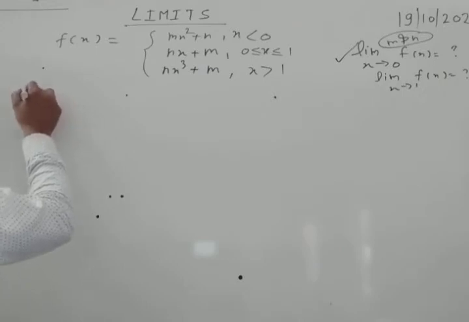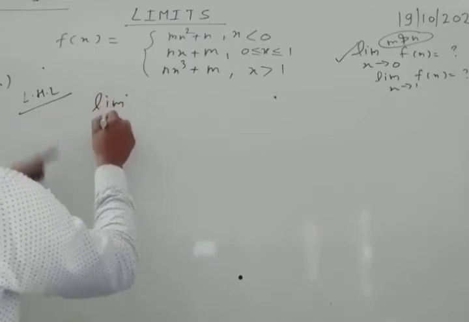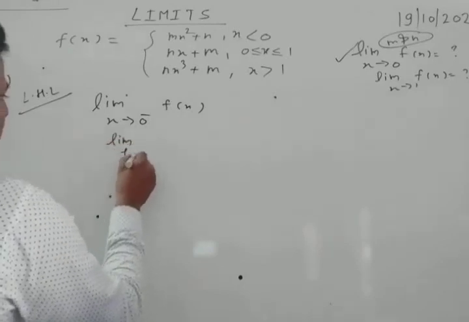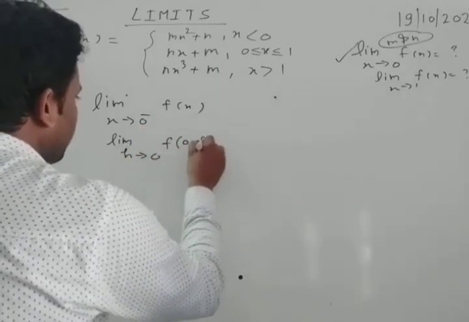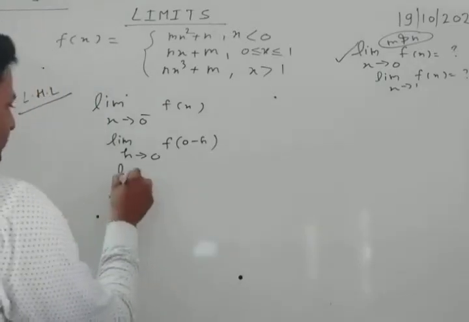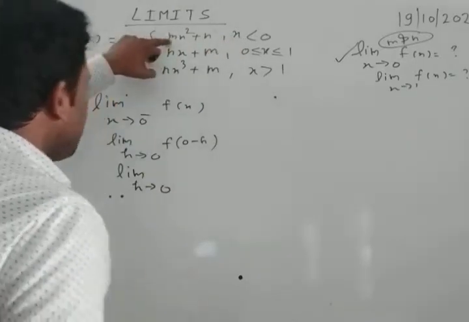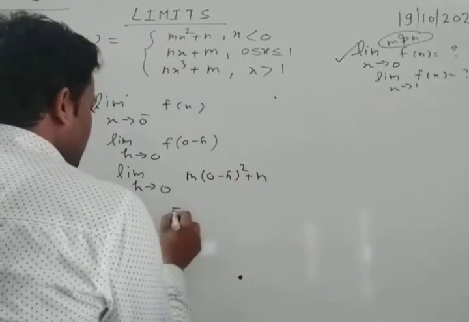So let's find the left hand limit first. The left hand limit is the limit as x tends to 0 minus of f(x), which we can write as f(0 − h). Now the limit as h tends to 0, and our function for x less than 0 is m(0 − h)² + n.